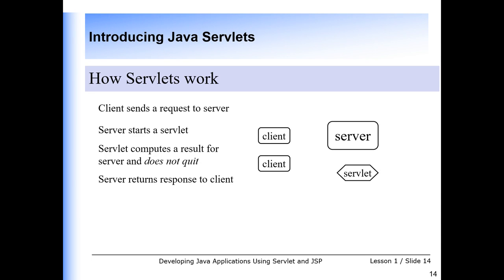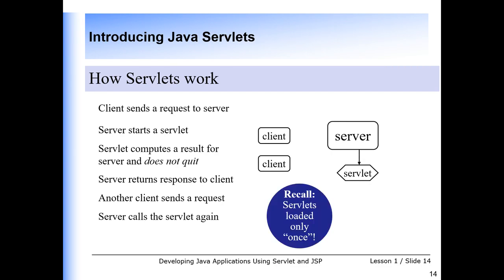Servlets are loaded only once and do not quit. But CGI creates a script for every client request and quits. Now server returns response to the client, and another client sends a request. Server calls the servlet again.